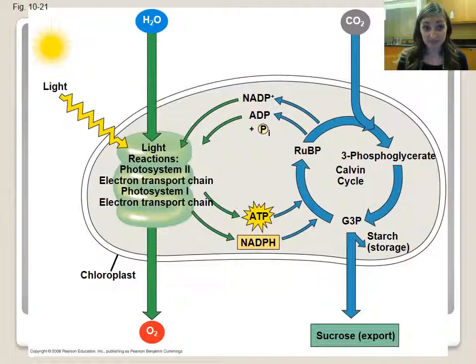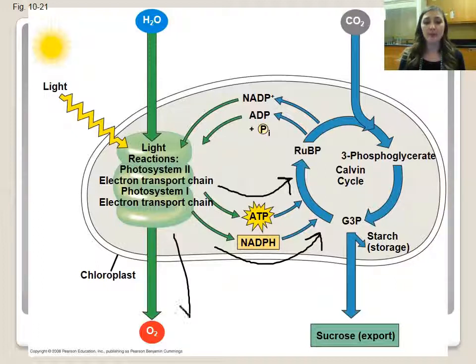In summary, we need light and water to start our light reactions. Your electrons from water are going to travel through photosystem 2, the electron transport chain, and photosystem 1. In that time, you are going to produce some ATP, which is going to be used in your Calvin cycle, and you're also going to pick up high energy electrons, which will be used in your Calvin cycle as well.